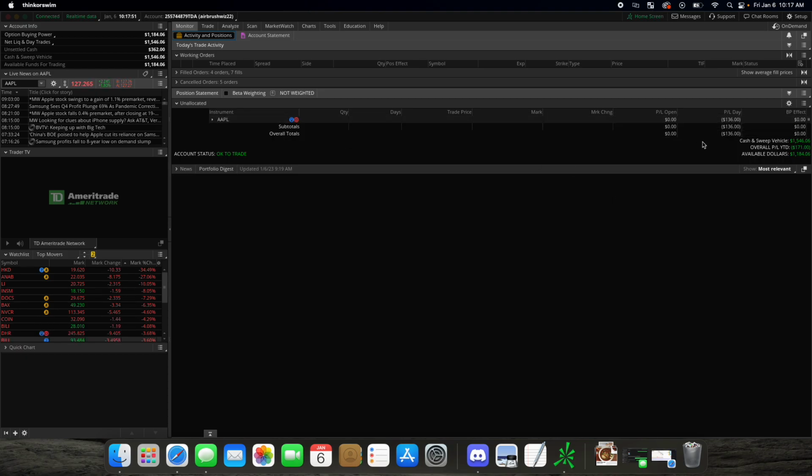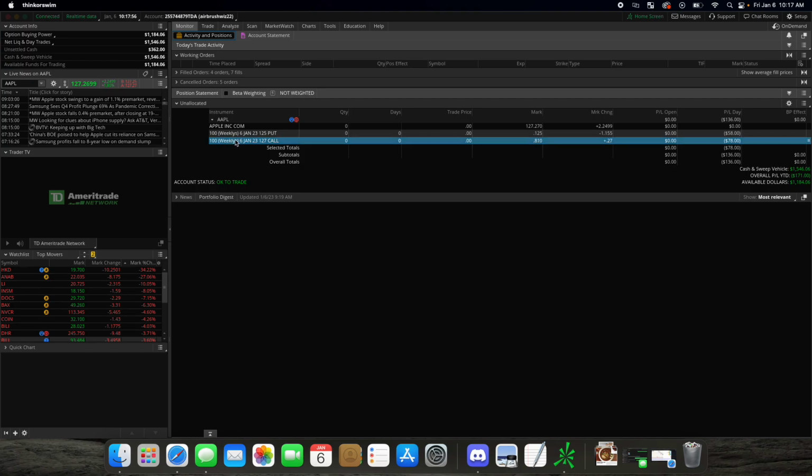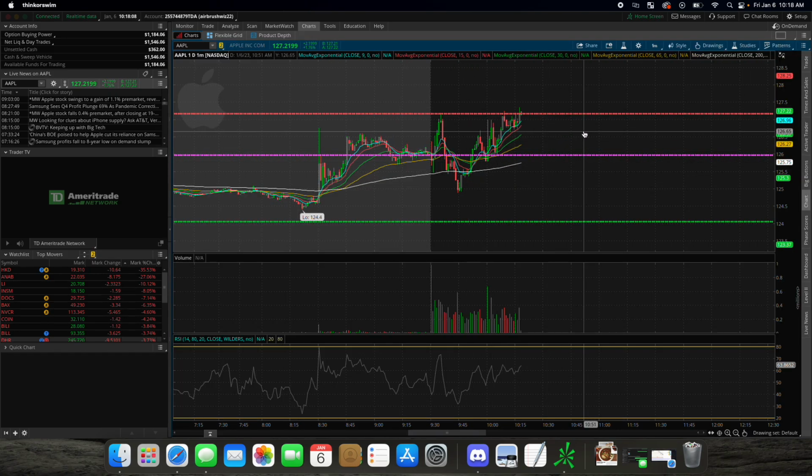So we can see today I'm down $136, okay? So this strategy earlier for the call, I was testing something. I did just a 50-cent stop loss. So what that means is, if my entry was 126.80, my stop loss was a static 126.30. Okay? So rather than a trail stop, just a 50-cent stop loss.